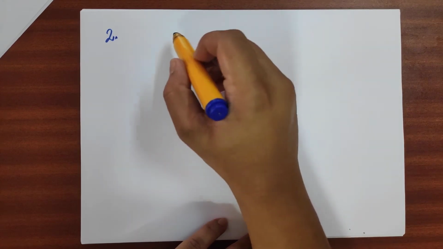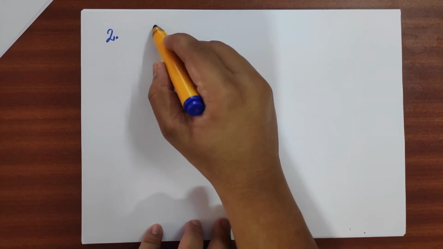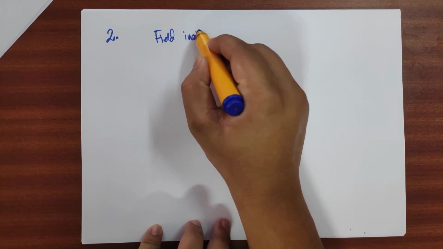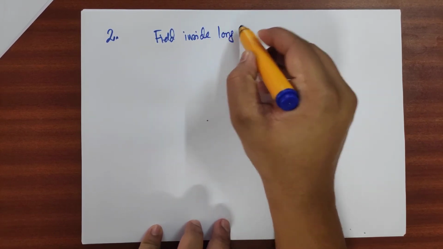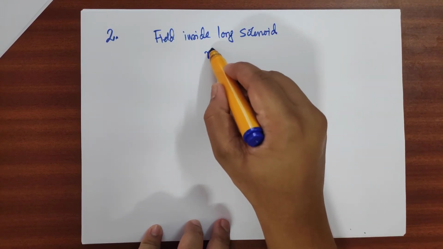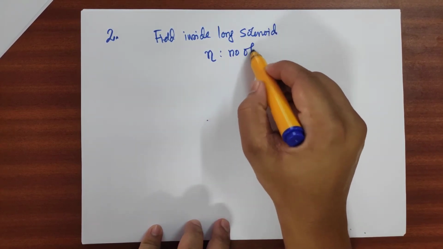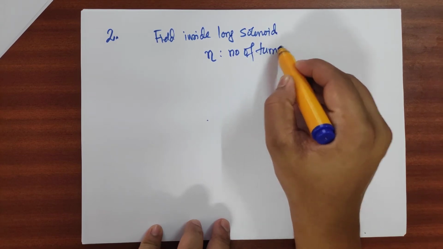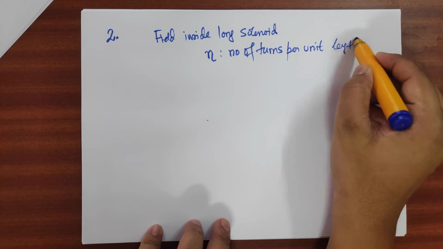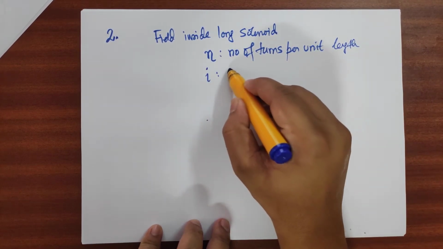Okay, now the next thing is the field inside a long solenoid. Here n is the number of turns per unit length, and I is the current.